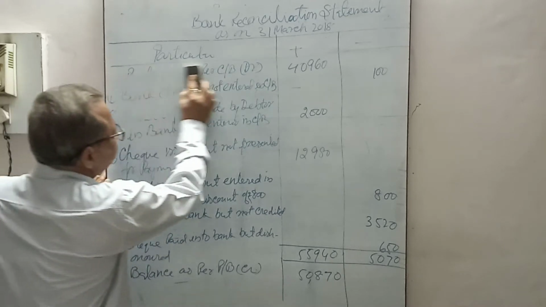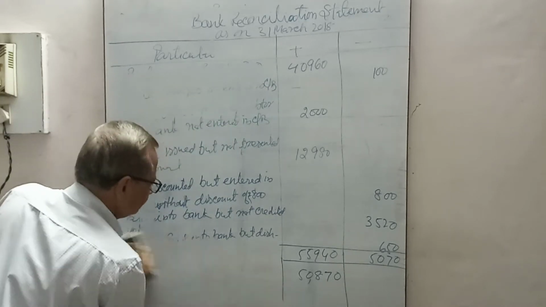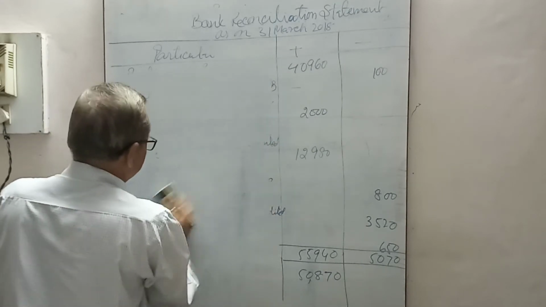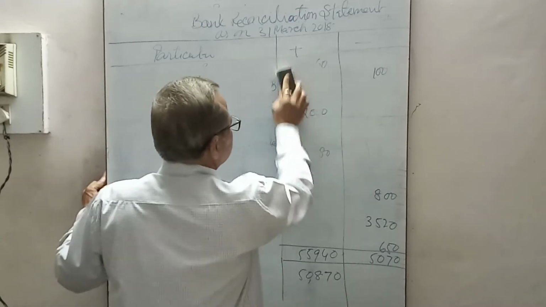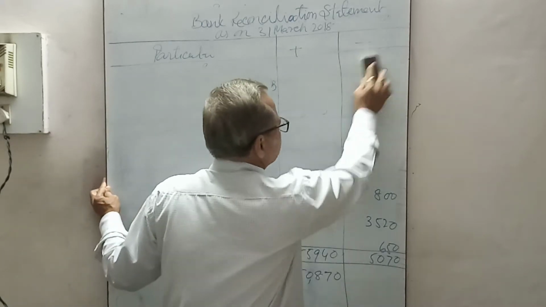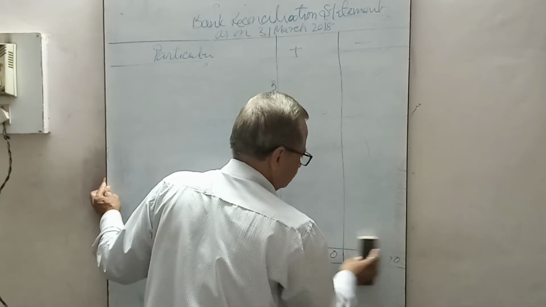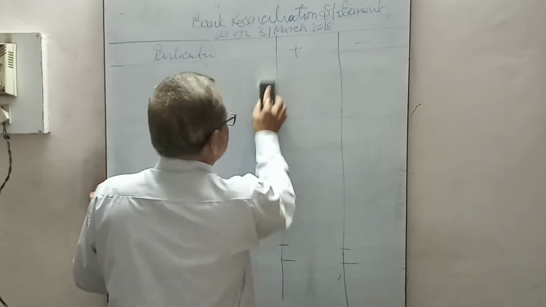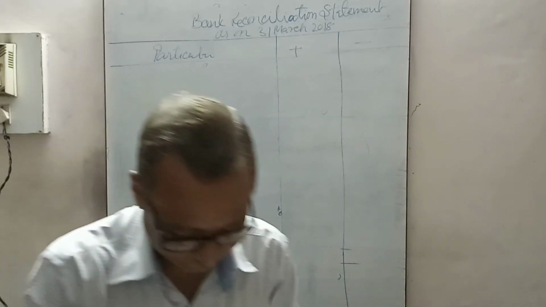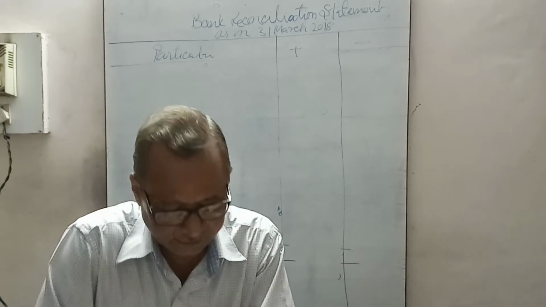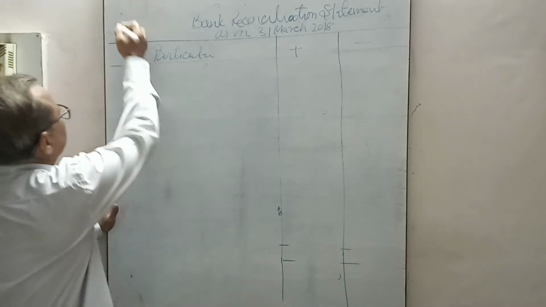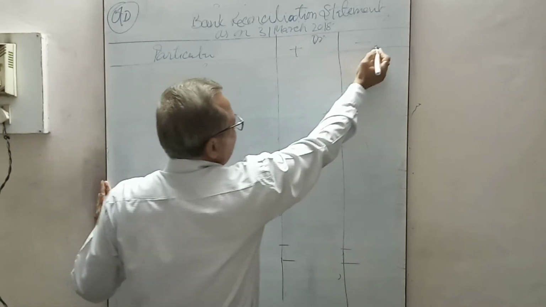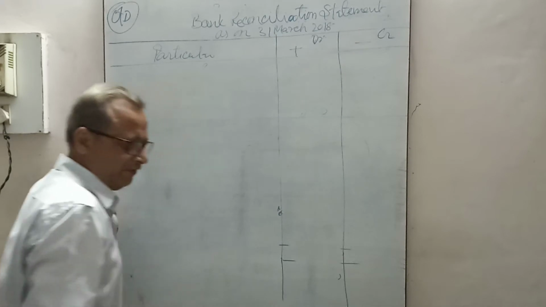In the same way you understand it. When a credit balance or overdraft balance as per cash book is given, OD balance, plus minus, again I am explaining it, debit credit. Later on I will erase it.